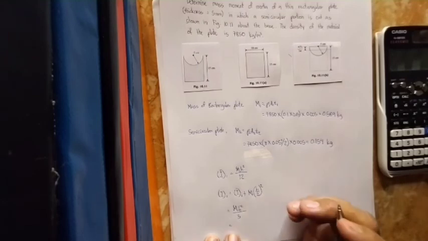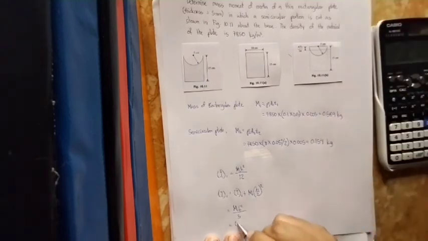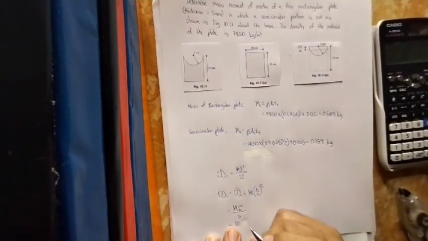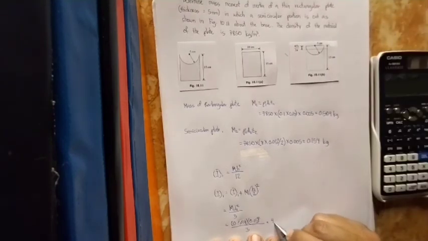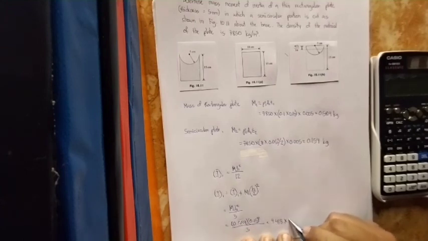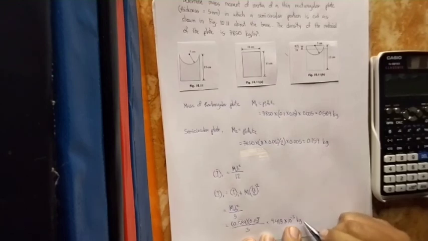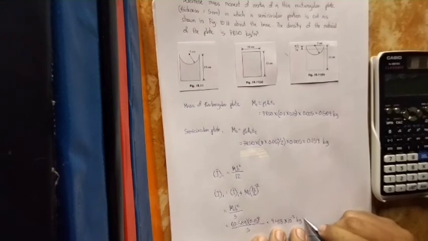Then we put all the values that we get. Yung mass ng rectangular plate, 0.589 times yung height 0.15 squared over 3 equals to 4.4175 or round up na natin sa 4.418 times 10 raised to negative 3 kilogram meter squared.